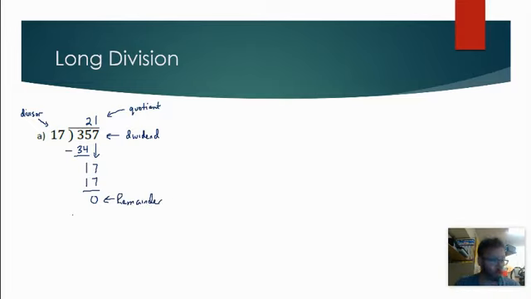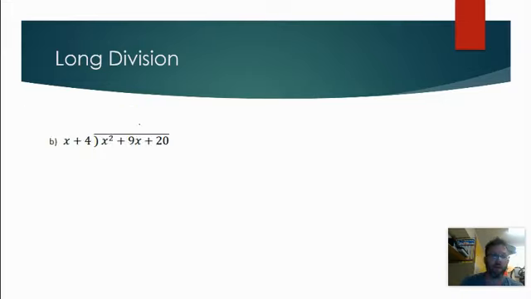And of course, what this long division is telling us is that 357 is equal to 17 times 21. What we did here with numbers, we can apply to polynomials as well. So I want to show you how we can do that in our next example.